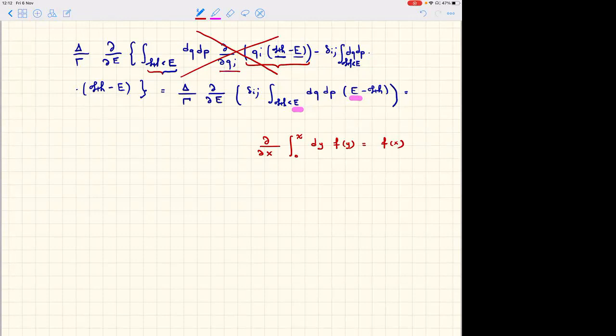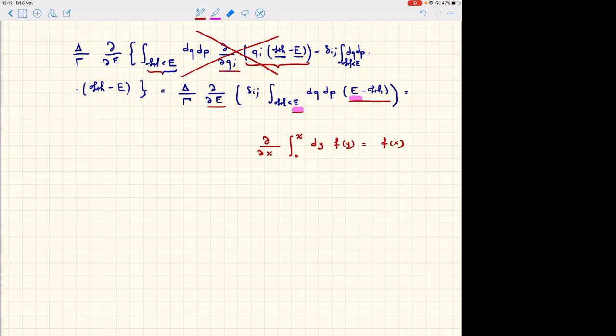You agree? Yes. So now, you see here, if I take the derivative with respect to E acting on the boundary, I get the value of the integrand evaluated at the boundary. But again, the integrand evaluated at the boundary is equal to 0, right? Therefore, the derivative acting on the boundary value gives me 0. You agree?